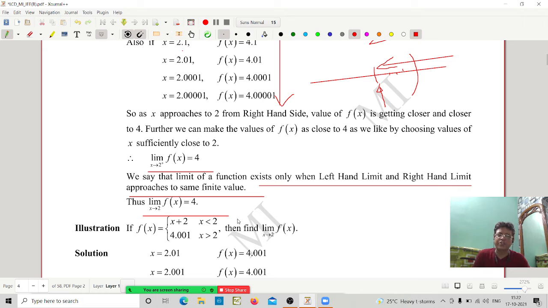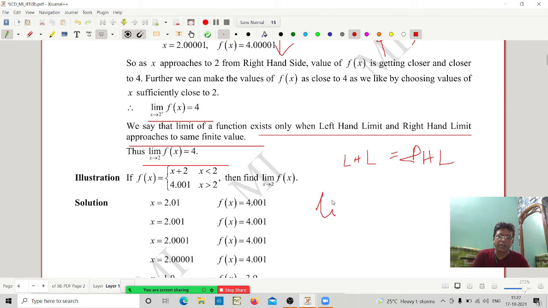That is the main criterion for existence of a limit: the left hand limit, limit x tends to 2 minus f(x), must be equal to the right hand limit, limit x tends to 2 plus f(x), approaching from the right towards 2.